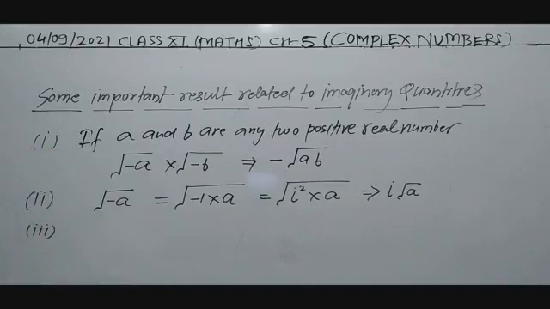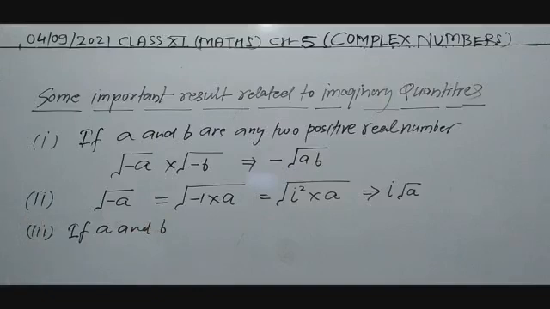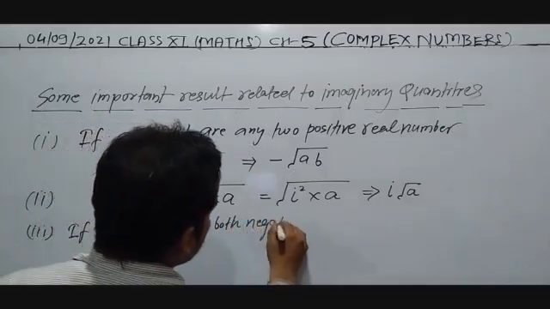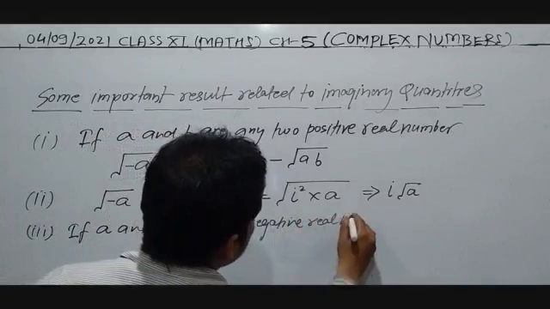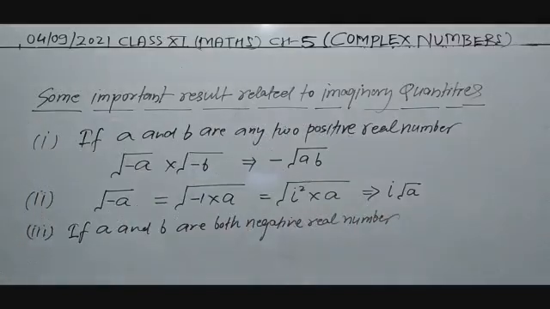So in case small a and small b are both positive or negative, third is if small a and small b are both negative real numbers.